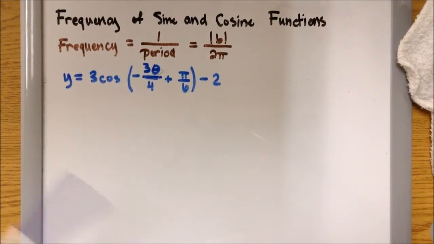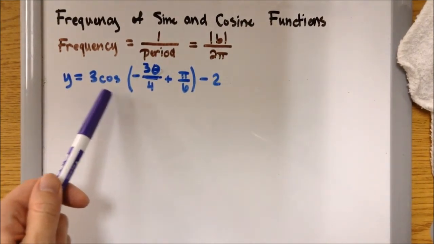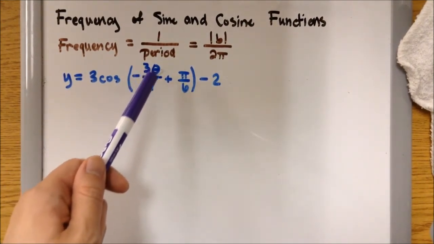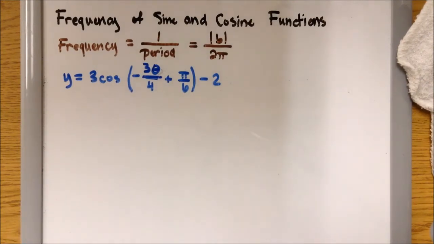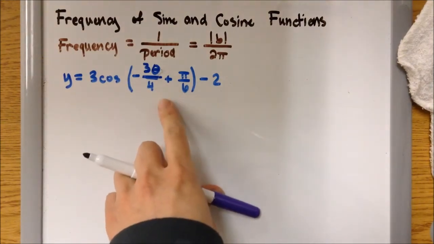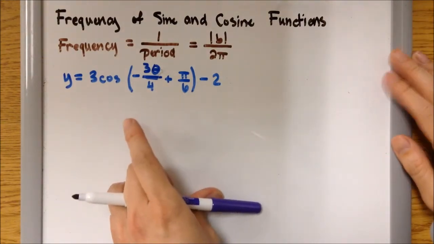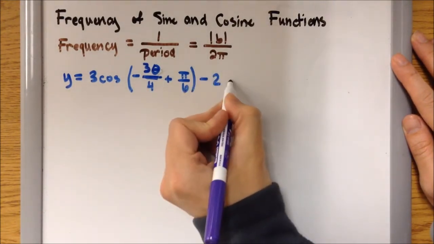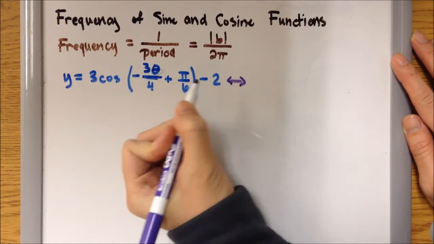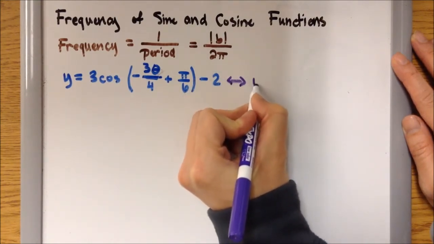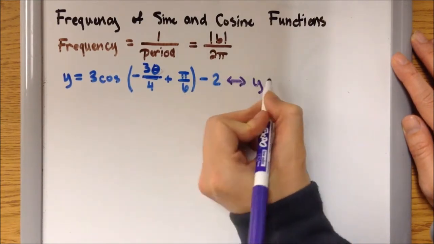In our third example, we have y equals 3 cosine of negative 3 theta over 4 plus pi over 6. Now, what's different is the theta is within the fraction instead of next to it. So you can rewrite it. Now you don't have to rewrite it if you understand how to factor out the fraction.